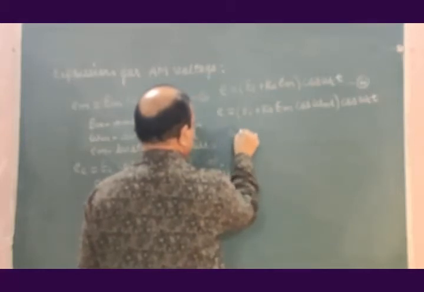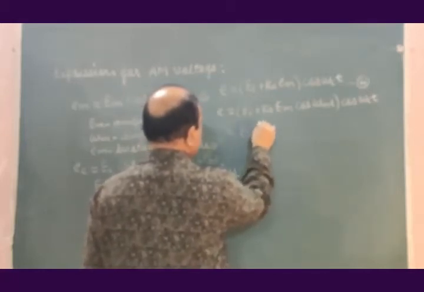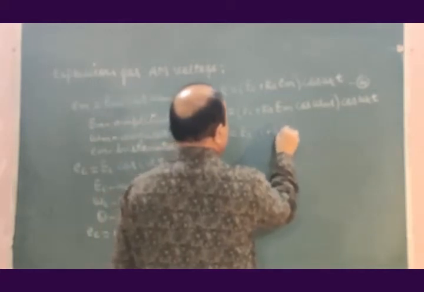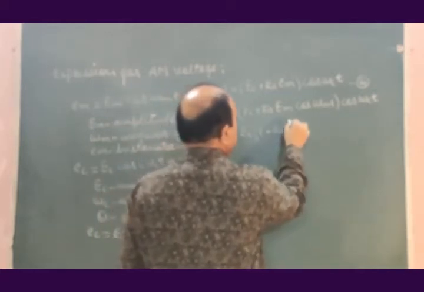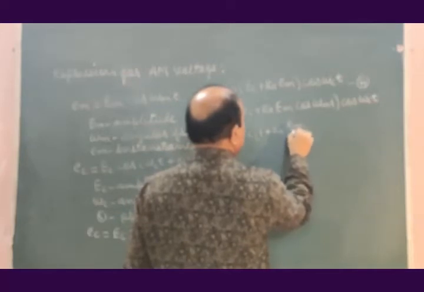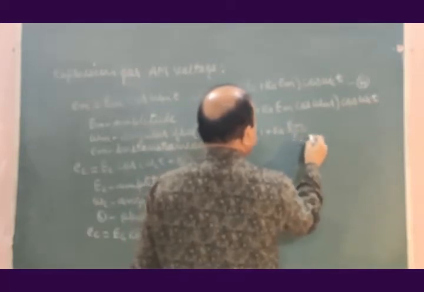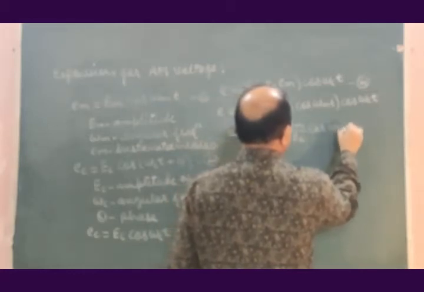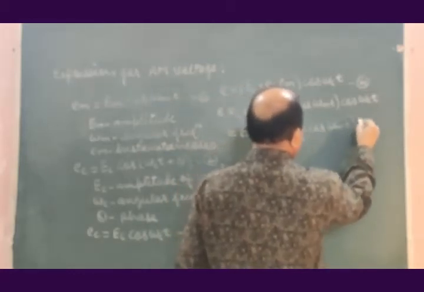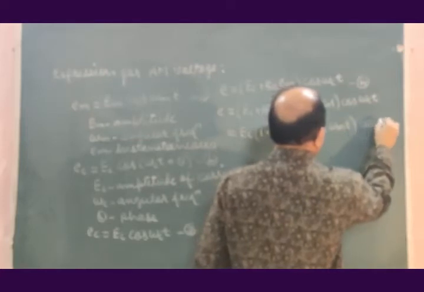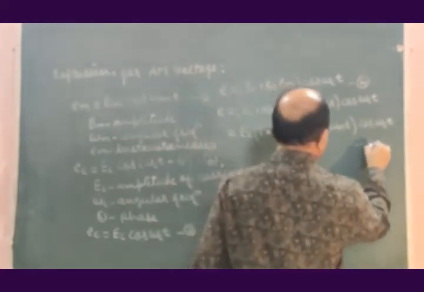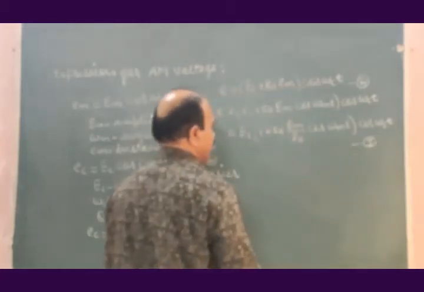If this EC is taken common, we will have this equation as 1 plus Ka into Em divided by EC into cos omega Mt bracket complete cos omega Ct, equation number 5.